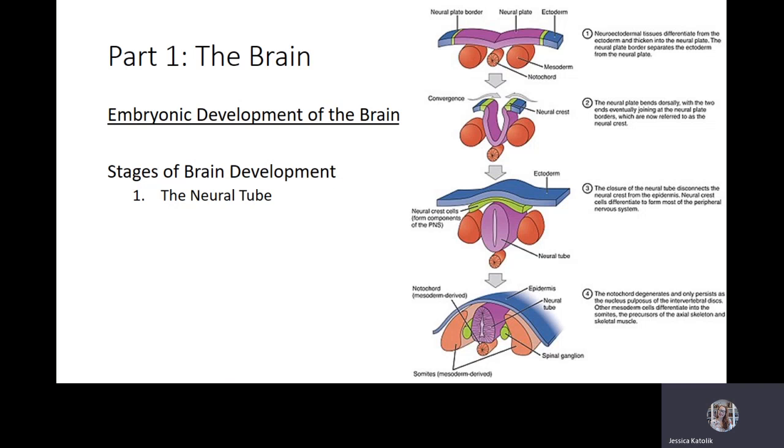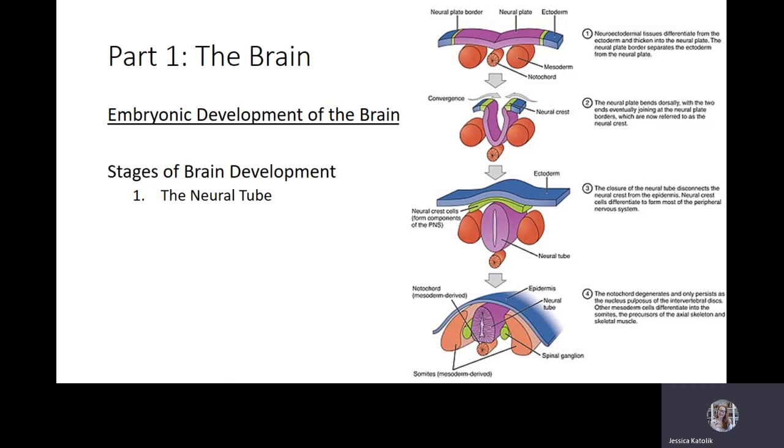The middle layer is called the mesoderm, and the mesoderm is responsible for becoming muscles and bone. And the inner layer is going to be the endoderm. The endoderm is going to wrap around a hollow space, and that endoderm will become our digestive system, and it will also become our visceral organs. So we have 3 layers, the ectoderm, mesoderm, and endoderm in early development.